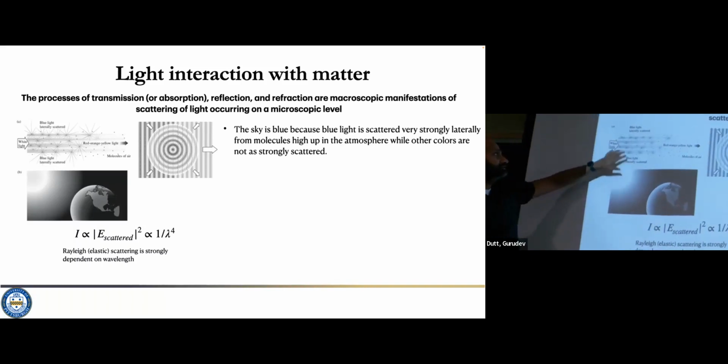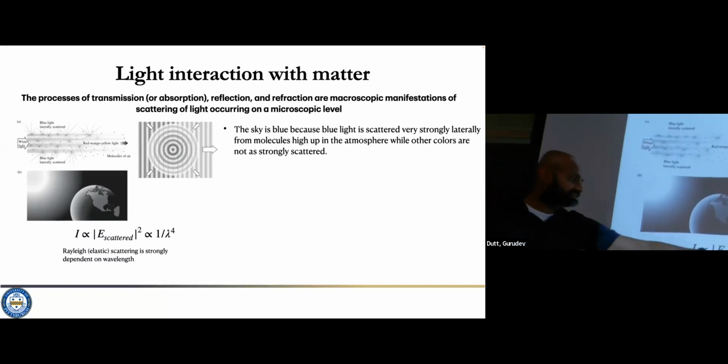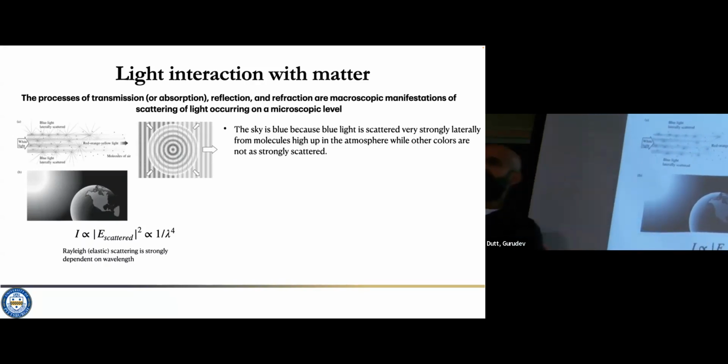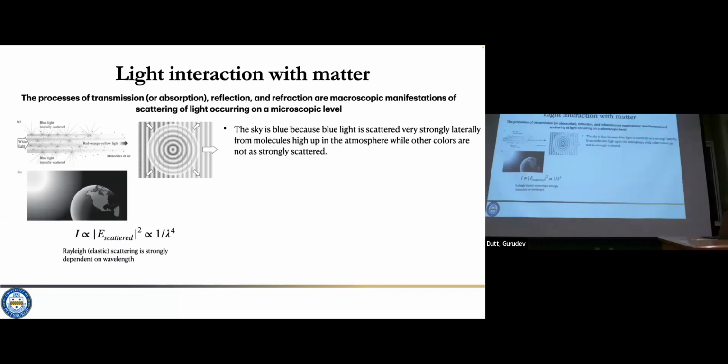Blue light is scattered strongly because it's 1 over lambda to the 4th. Remember that blue light, which is higher frequency, has shorter wavelength. It's closer to 400 nanometers, whereas red light is closer to 700 nanometers, 633, 670, etc.